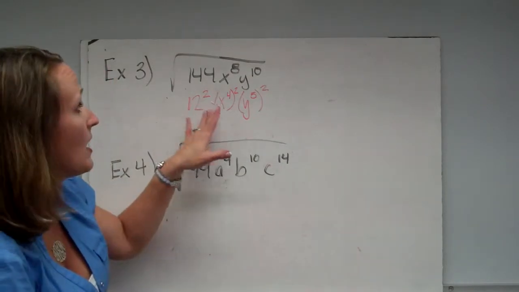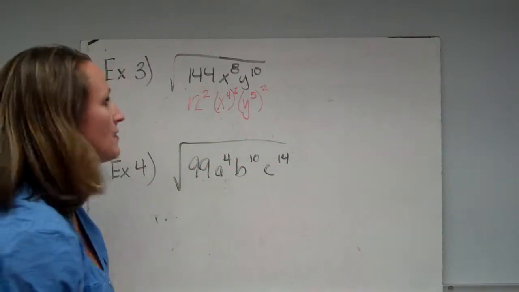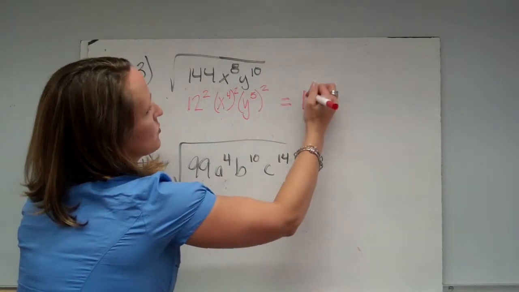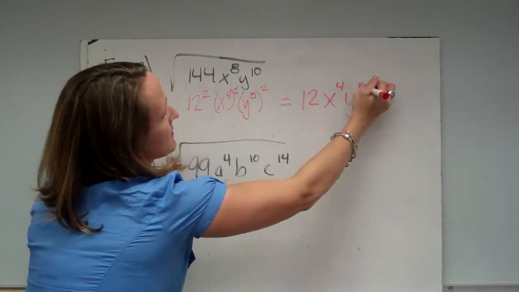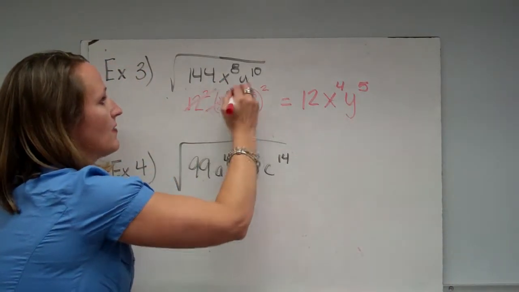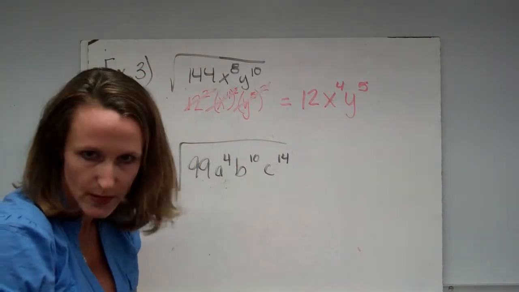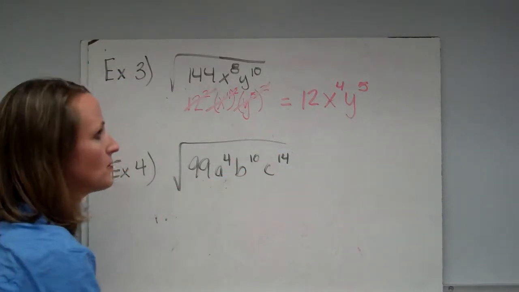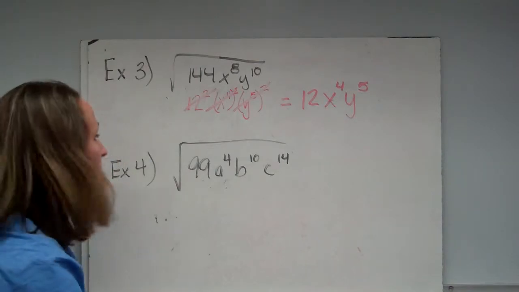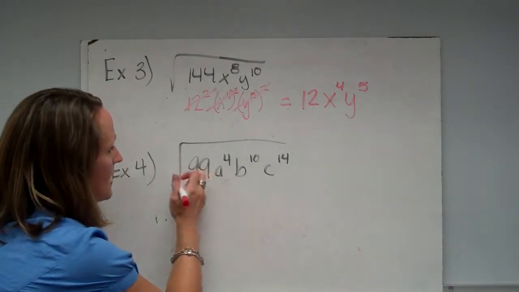Now everything that has a squared beside it is coming out. 12 x to the 4th, y to the 5th. I took everything out because everything had a square beside it. And we're done. Let's do another one. Then we're going to move on to some tricky ones.